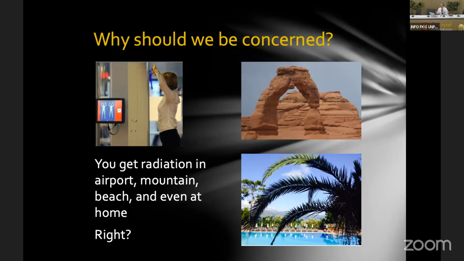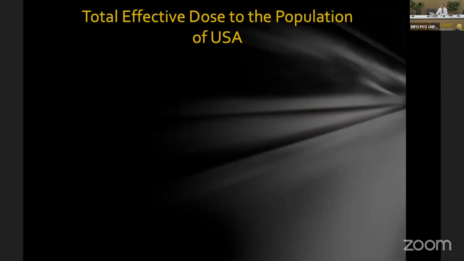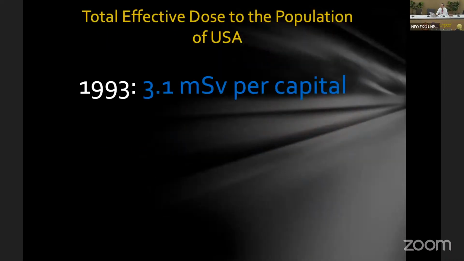Sometimes we call it comparing oranges and apples. The radiation energy level at the airport cannot be compared to the dental imaging X-ray photon. So we cannot really compare the two doses.